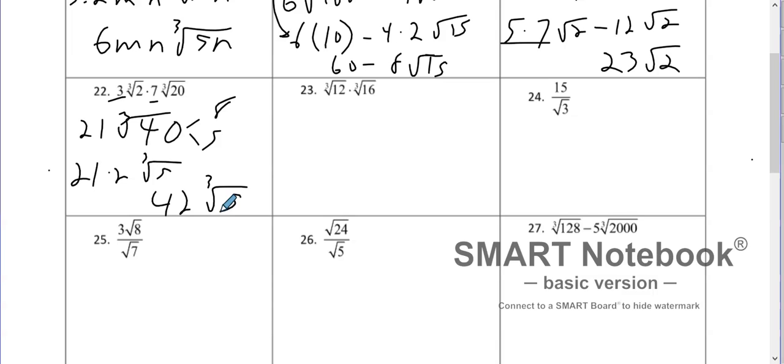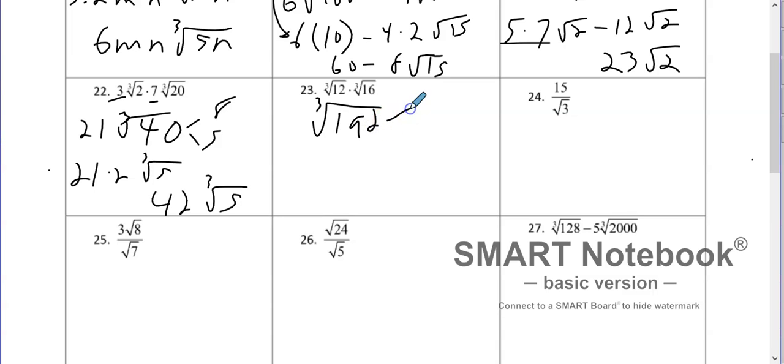Okay, next. If you multiply 12 times 16, hold on, you get 192. So the cube root of 12 times the cube root of 16 is the cube root of 192.